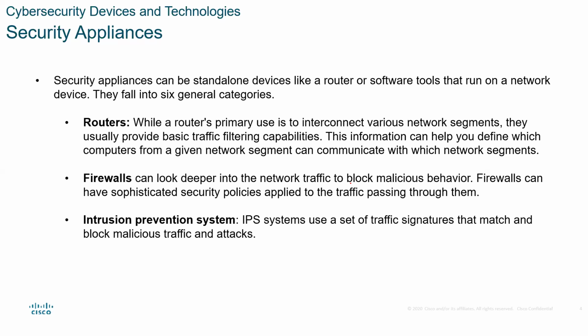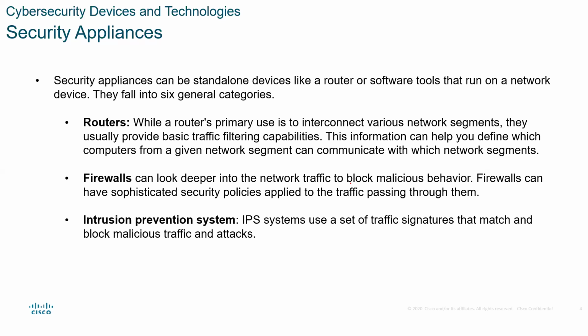Routers. While a router's primary use is to interconnect various network segments, they usually provide basic traffic filtering capabilities. This information can help you determine which computer from a given network segment can communicate with which network segment. Firewall.